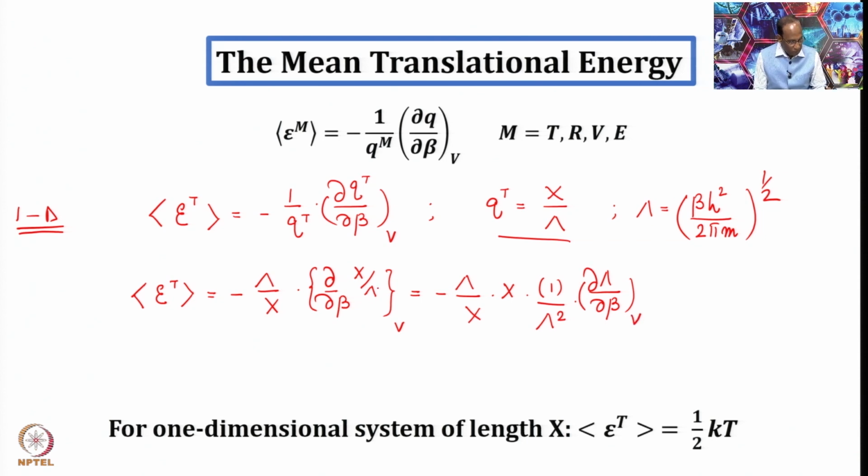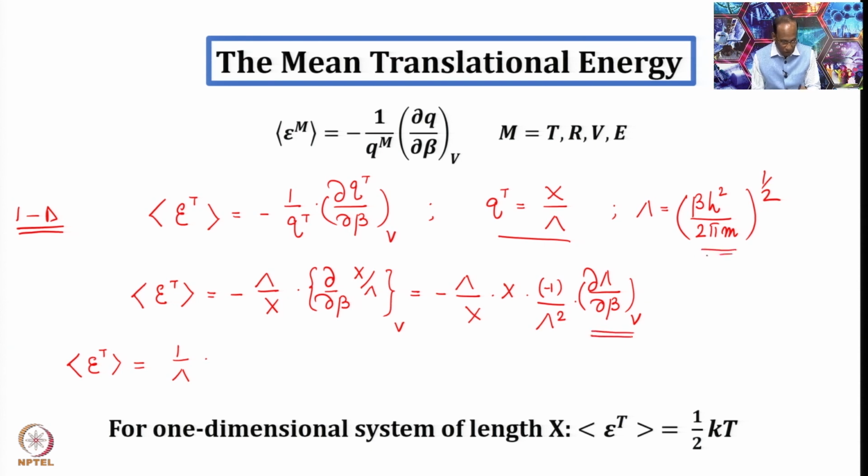Lambda raised to the power minus 1 gives minus 1 over lambda square into del lambda by del beta at constant volume. So therefore, let us now write the translational mean energy as 1 by lambda into del lambda by del beta at constant volume.